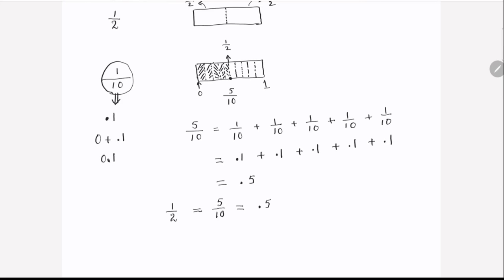So another way to say this is it has no whole parts, but it has only 5 of the tiny parts which make up a whole. So this is also we write as 0.5. Okay, thank you.